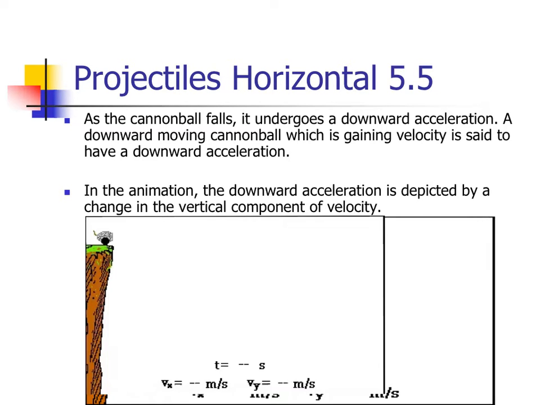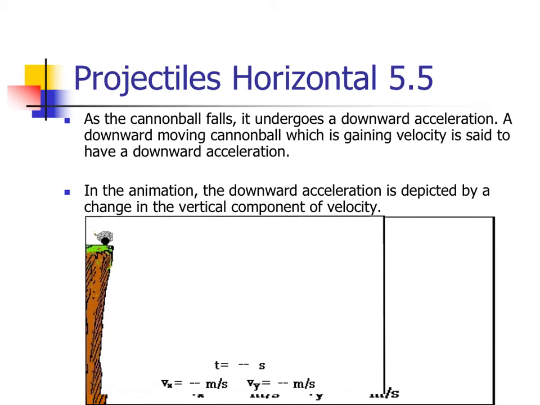So when I click shoot, the cannonball goes, and we can see that the horizontal component of the cannonball doesn't change. The only thing that changes, again, is the vertical component, because as it is falling, it is accelerating towards the bottom because of gravity. It is constantly accelerating as it's going down.